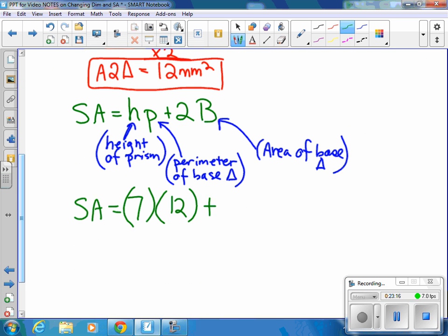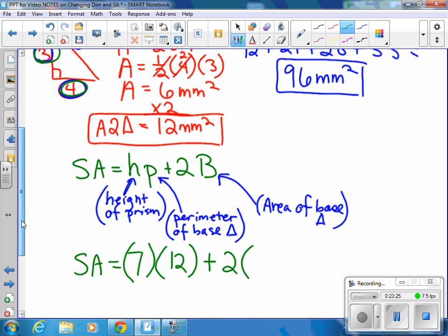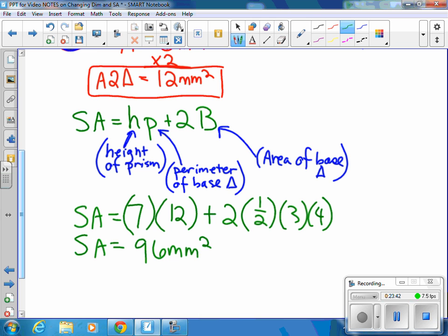And then I'm going to add to that 2 times the area of the base, remember, which is going to be the 1/2 base times height, so it's half times 3 times 4. Okay, once I do all that math, surface area, I wind up with, again, 96 millimeters squared.